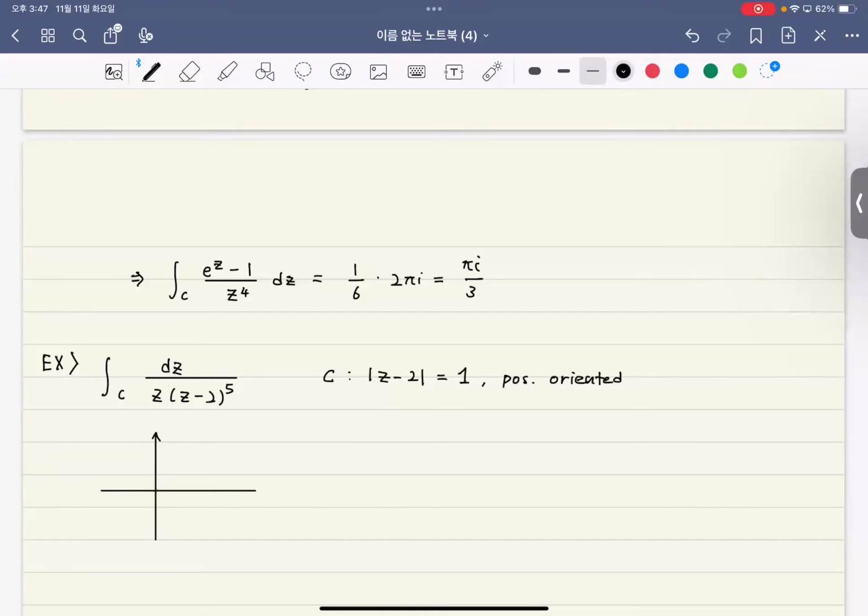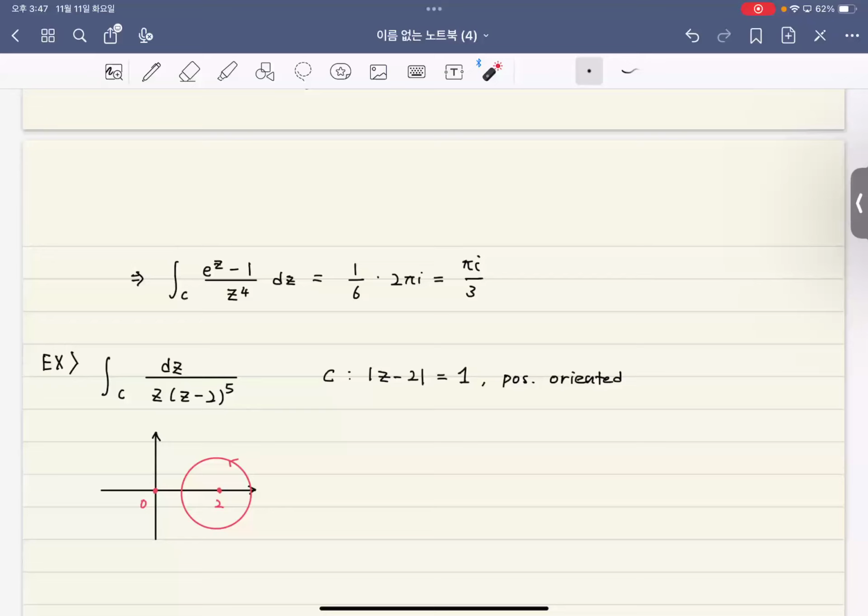I need a visual assistant, so let me draw the picture. I have one singularity over here, and another singularity at this point, and this is my circle of radius 1, positively oriented.